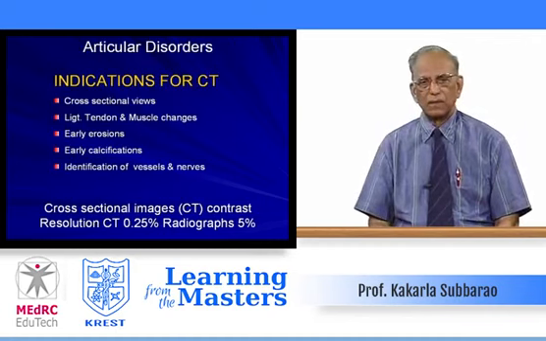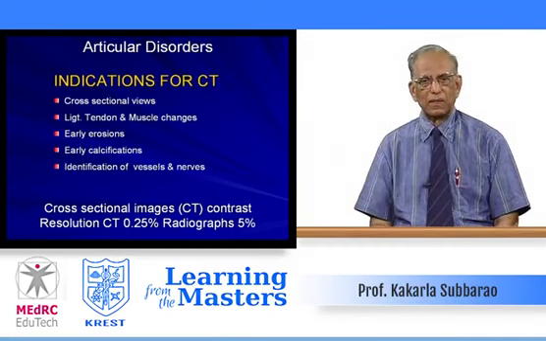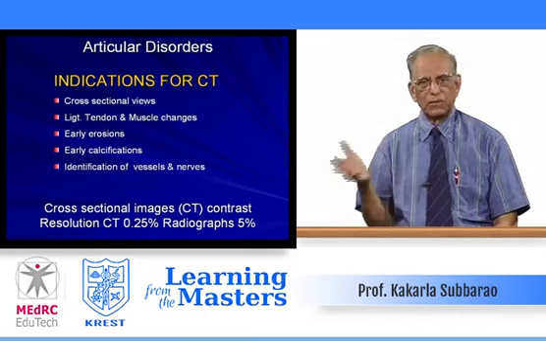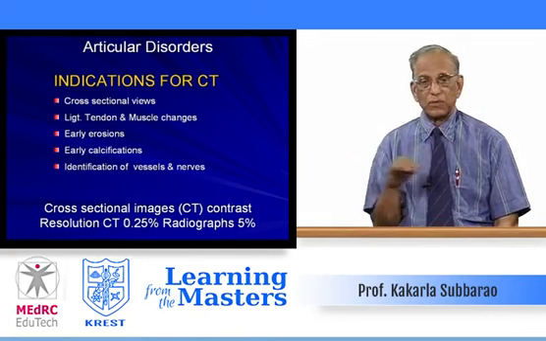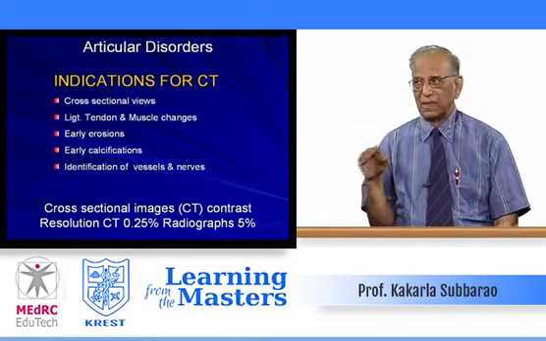Now again, coming back to the other advanced imaging modality which is so popular today, that is computerized axial tomography, in short CT. Particularly in articular disorders and rheumatology, cross-sectional views you can get. Ligaments, tendons and muscular changes you can get with good resolution.